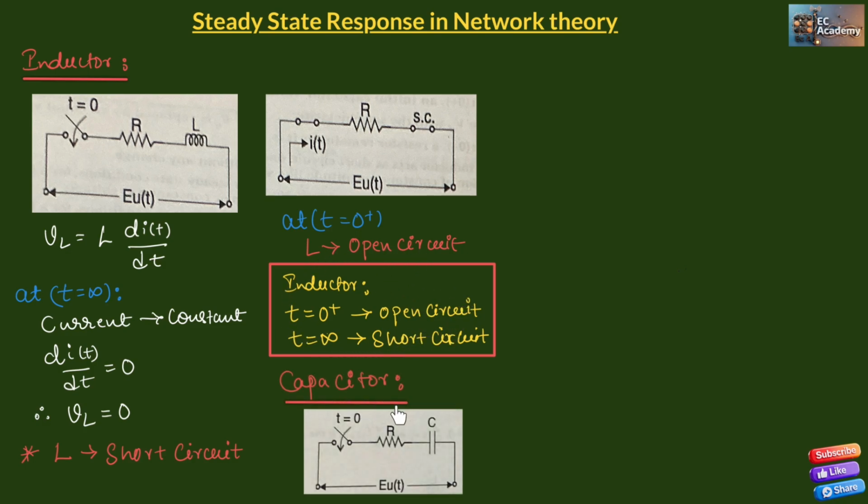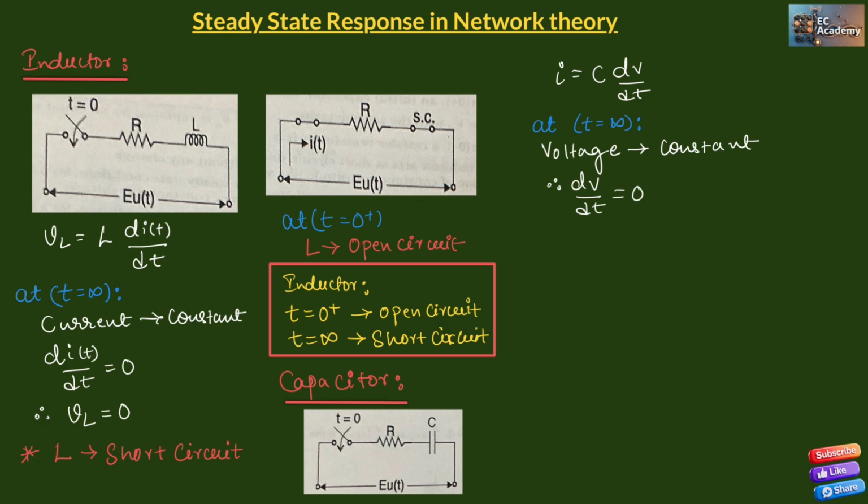Now if we consider a capacitor, the current through the capacitor can be given as i is equal to C dV by dt. So the current in a capacitor will depend upon how fast the voltage changes. So, at the steady state, the voltage becomes constant. Therefore, dV by dt will be equal to 0.